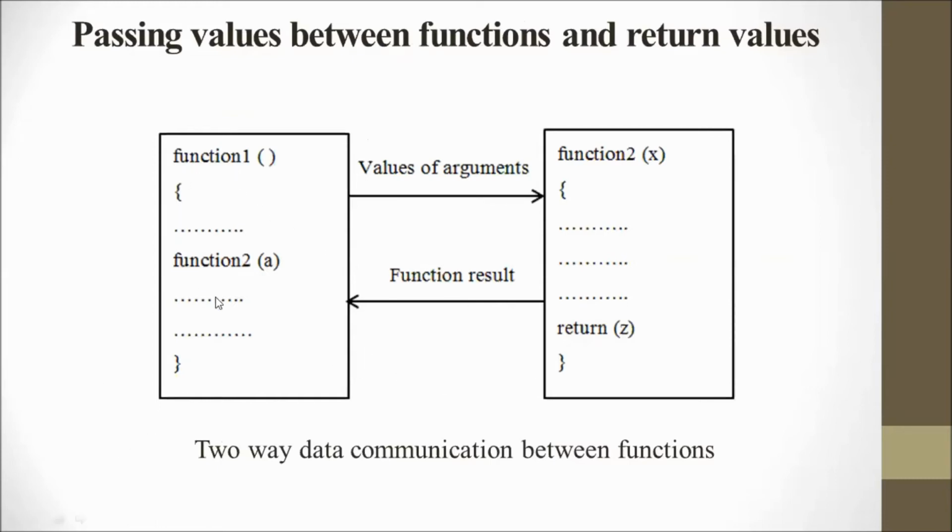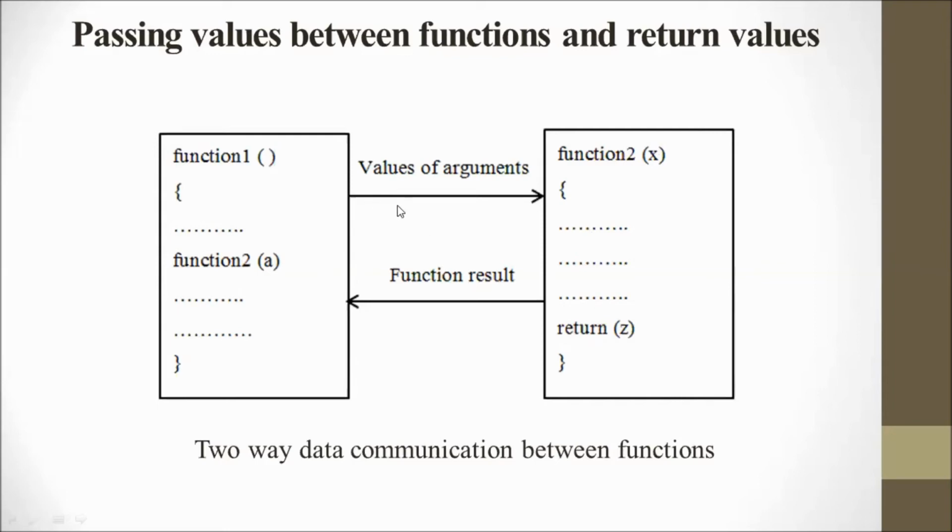Suppose this is the main function, and we use another function inside the main function. Suppose function 2 is called by the main function. So here we call function 2, and inside function 2 some statements execute, and the result is returned to the main function.